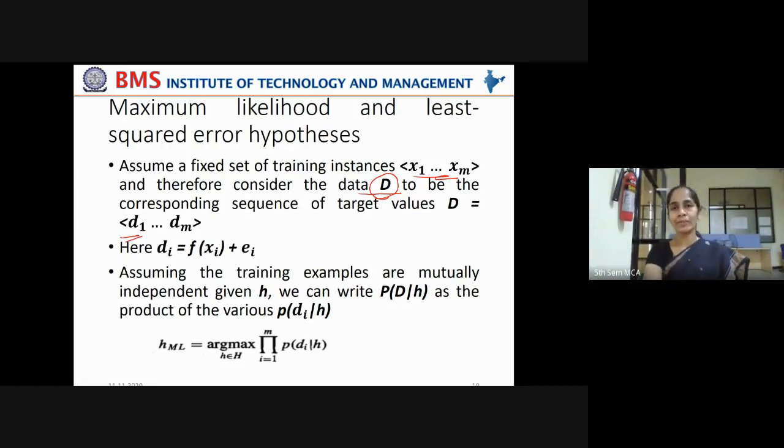Say the first house's estimated value is d1, second house's estimated value is d2, third house's estimated value d3, and so on up to m training examples. Here, what would be the target function? It is nothing but f of xi, any function f of xi that the learner learns from the training examples, plus error associated with it.